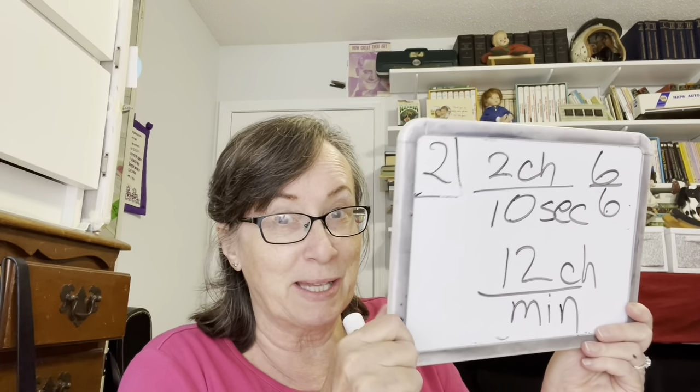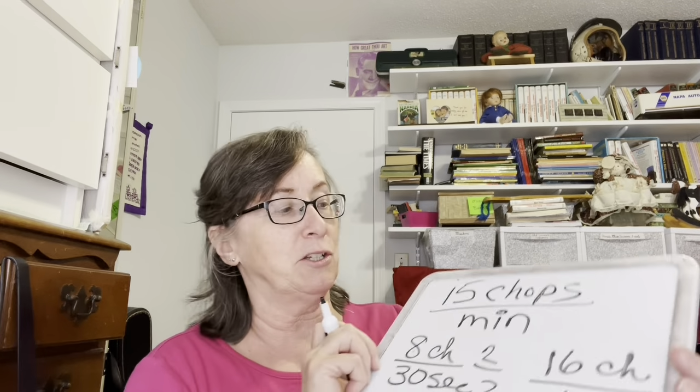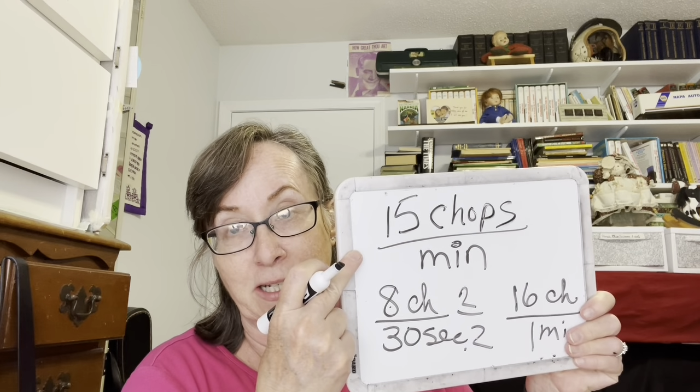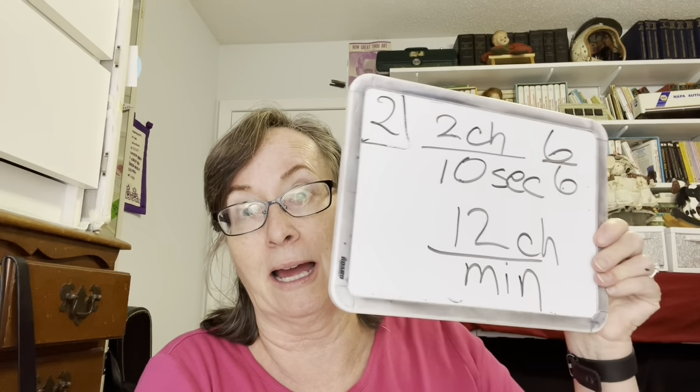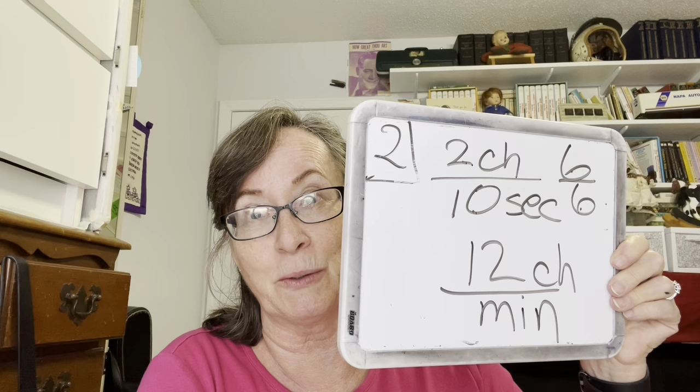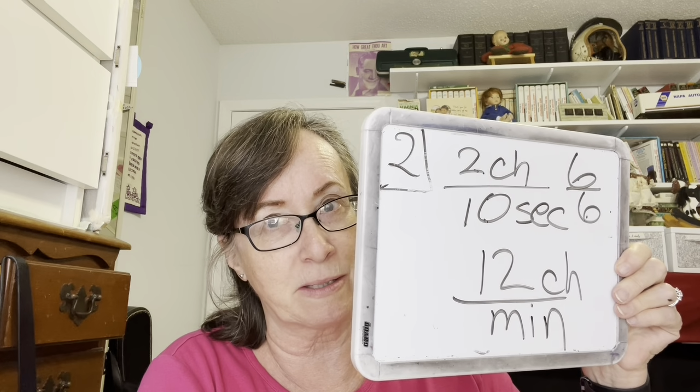12 chops in a minute is much slower than 15 chops, which was his average. So he started very fast, 16 chops per minute, and then he slowed down just a little bit to 15 chops per minute, but then he was getting pretty tired by the end, and he was only doing 12 chops per minute.